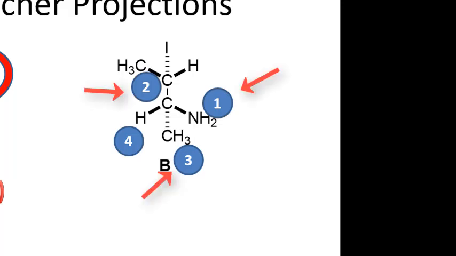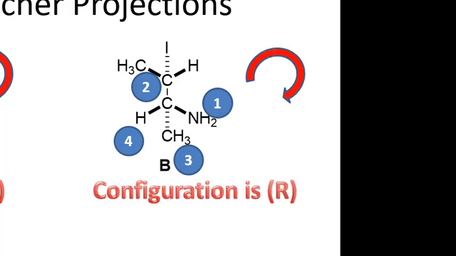So if we count that, again, that is also counterclockwise. Under normal conditions, if hydrogen was vertical, the configuration would be S. But because hydrogen is horizontal, the configuration here is also R. So the overall configuration for this molecule is RR.